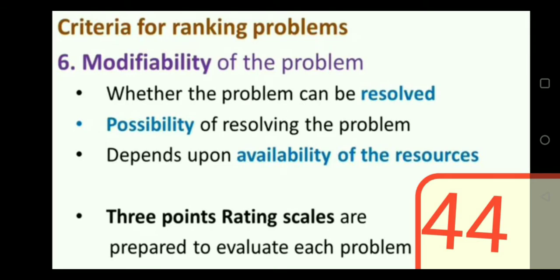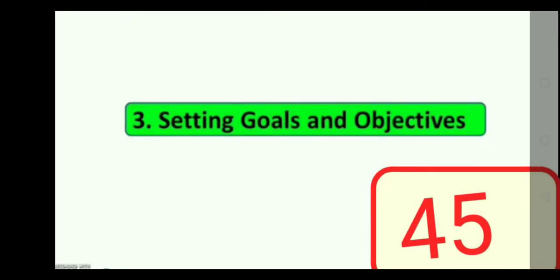So here in modifiability of the problem, we see how we can modify the nursing cares to solve the problems, what resolutions are there to make the health condition strong, and what resources are available in the community for giving care to solve the problems. And there are 3-point rating scales prepared to evaluate each problem, so we'll see.